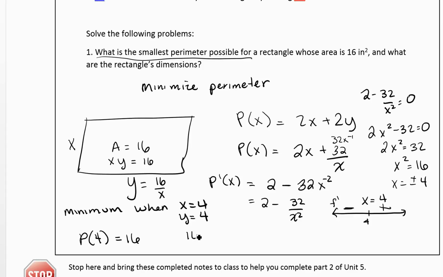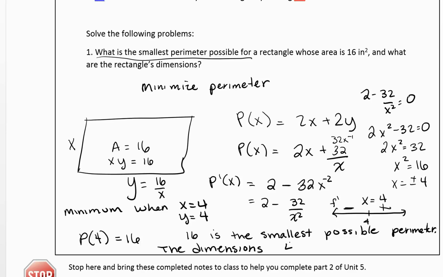So 16 is the smallest possible perimeter. The dimensions would be 4 inches by 4 inches.